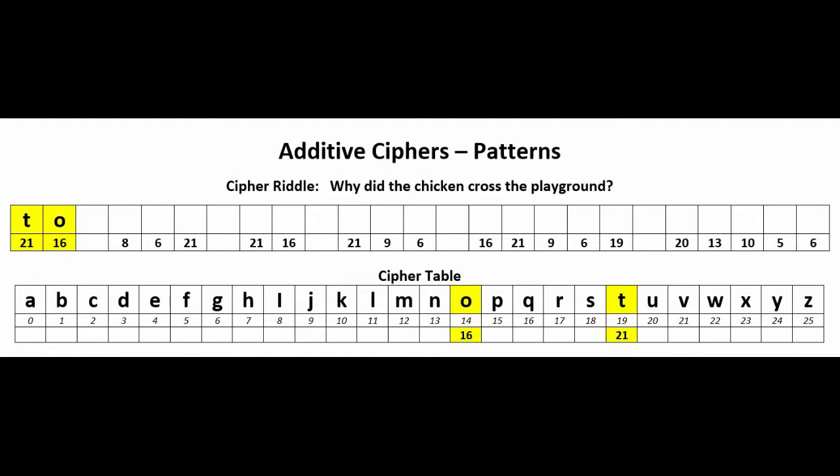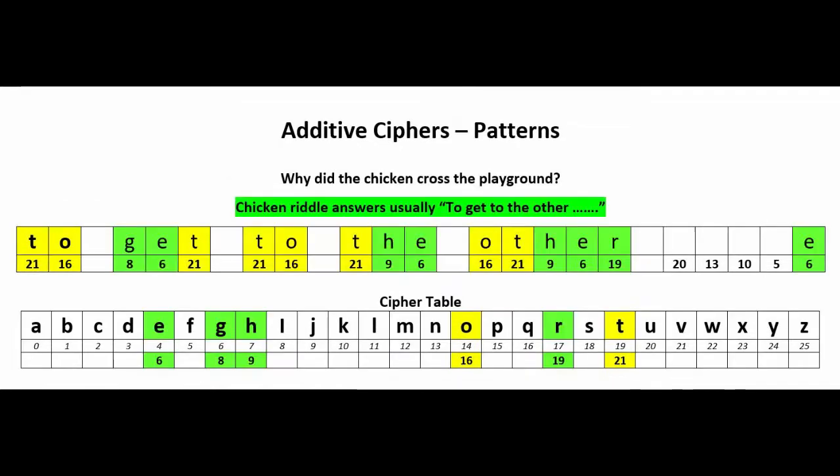It said, why does the chicken cross the playground? Well, what do you know about chicken riddles? Why did the chicken cross the whatever? And usually the answer starts with to get to the other. And we know the first word in the answer is indeed the word to.